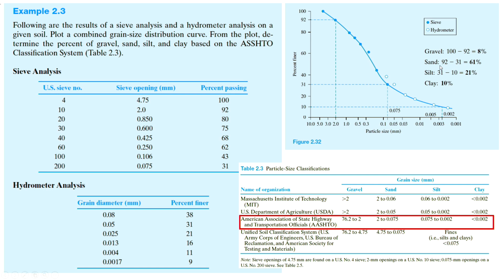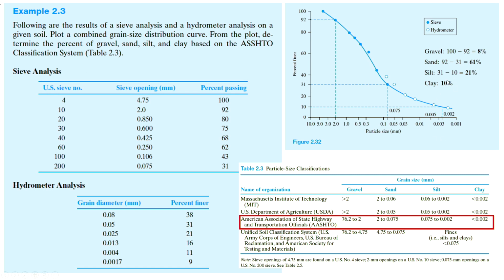Then sand, in the same way. Sand, based on this classification system, is a particle between 0.075 and 2 millimeters, right? 0.075 is here and 2 is here. So the percentage between 31 and 92 is the percentage of sand. So sand should be 92 minus 31, which is about 61%.